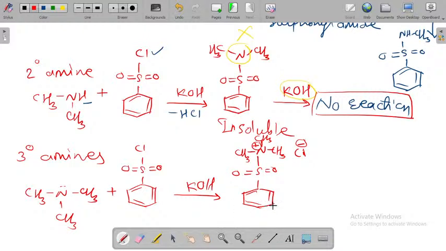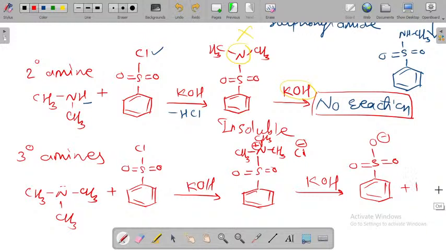This is the salt, which on reaction with this KOH again gives you this product, plus R means your CH3 group, N, this is 3 times, plus Cl minus.